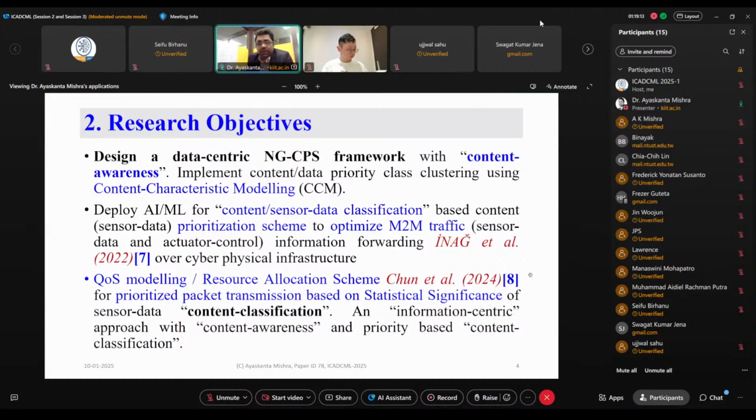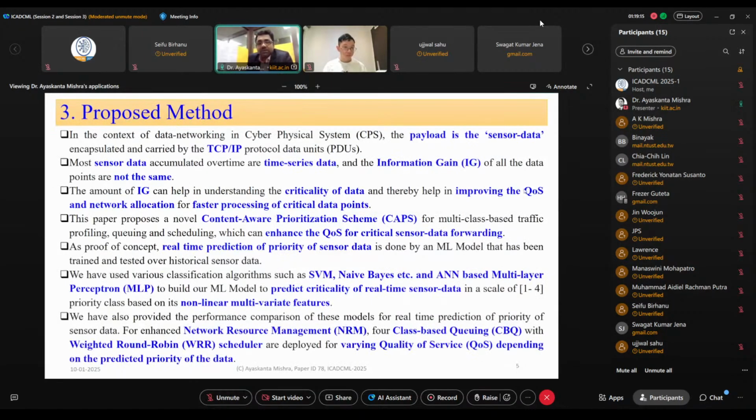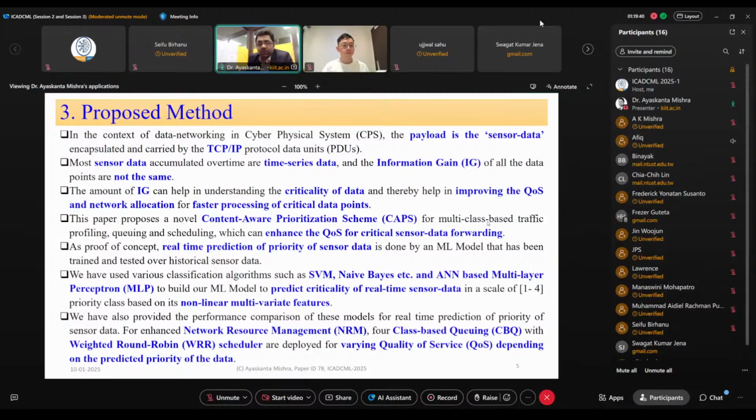We have proposed a system which will consider sensor data as a regular payload of a TCP/IP protocol suite for any typical cyber physical application. The sensor data accumulated over time is a time series, and we are trying to find features based on the information gain inside the sensor data, and based on the criticality of the data, we need to help improve the quality of service of the network resource allocation for faster processing of the critical data points.